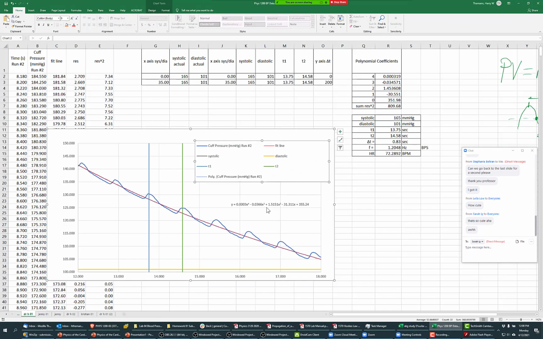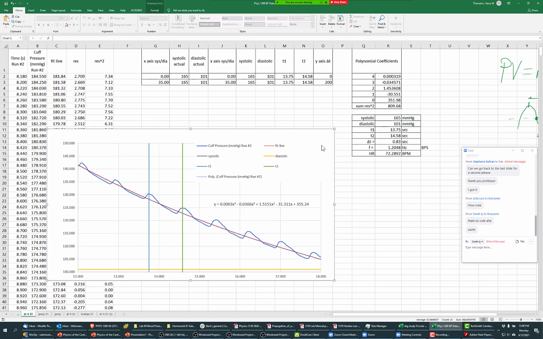So you see here that the fourth order coefficient is 10 to the minus 1, 2, 3, 4, and this one is only 10 to the minus 2. So that's 2 orders of magnitude, for example.